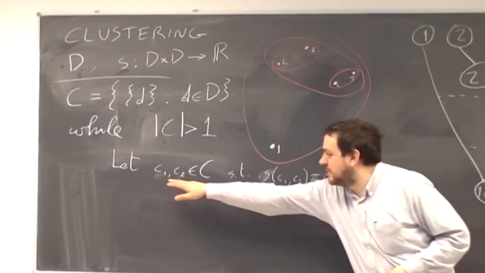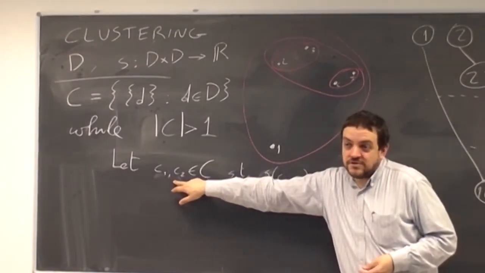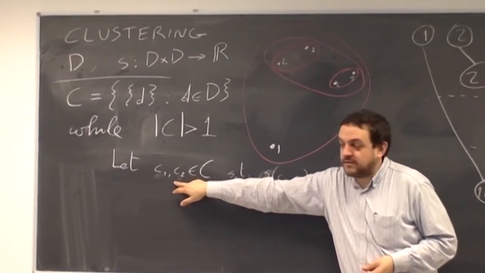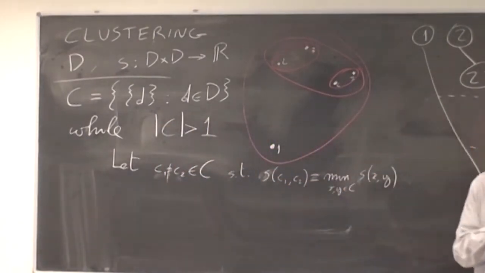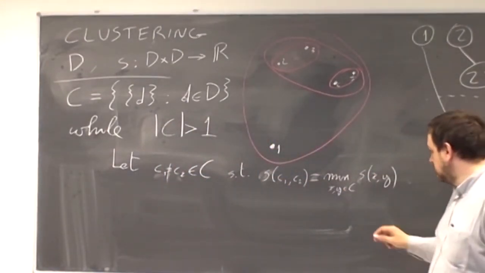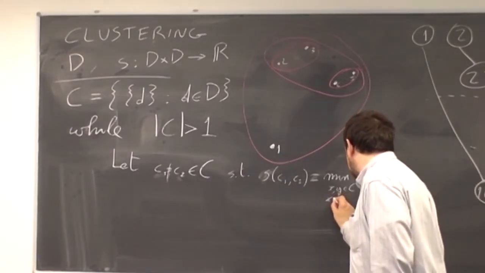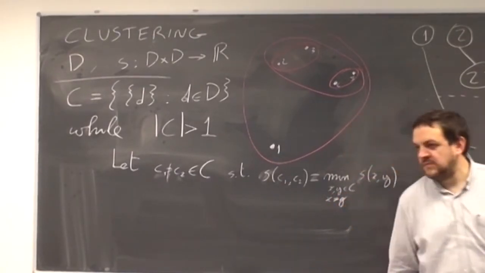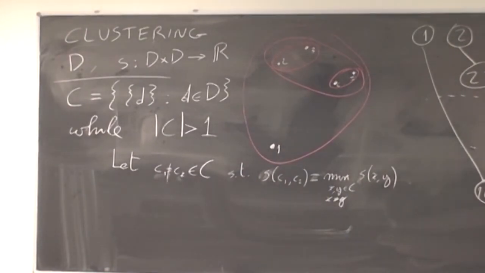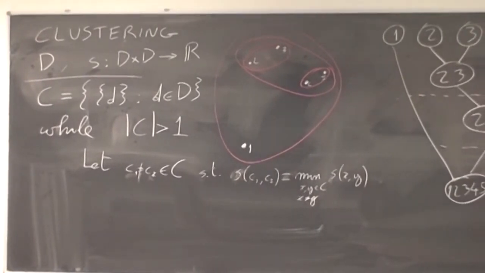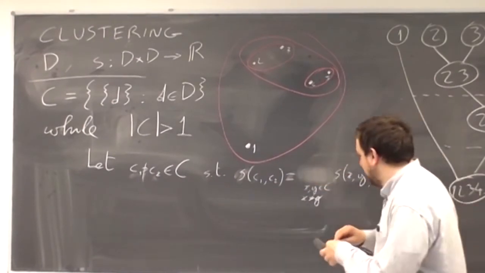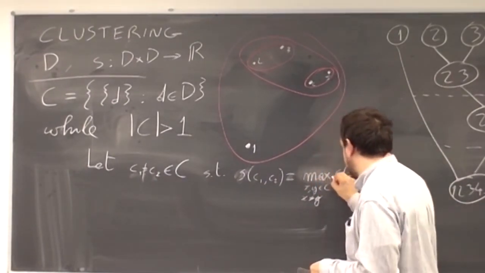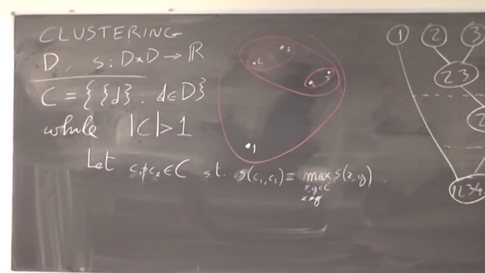So if C1 and C2 are the same cluster, then of course it's as similar as possible to itself. So I want C1 and C2 to be two different clusters in C. And also here, I want to find the two different clusters that are closest to each other, that are most similar to each other. And of course, since I'm still talking of similarity, sorry, I have to consider the maximum similarity.